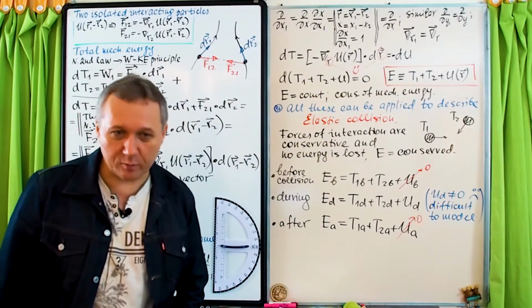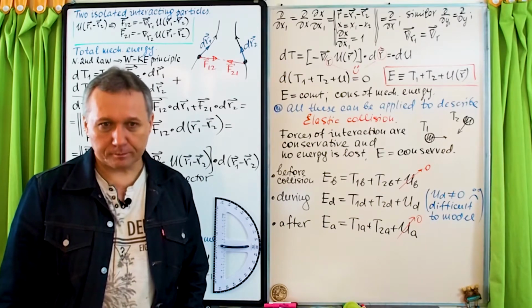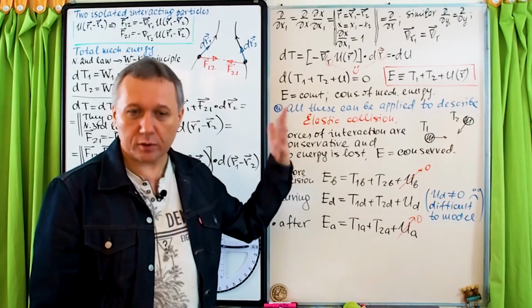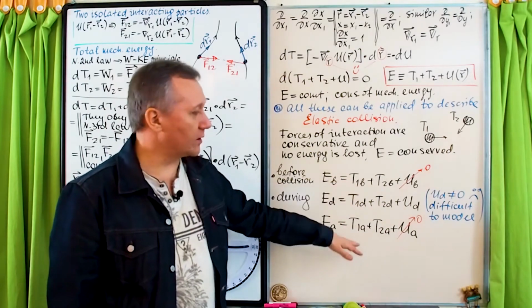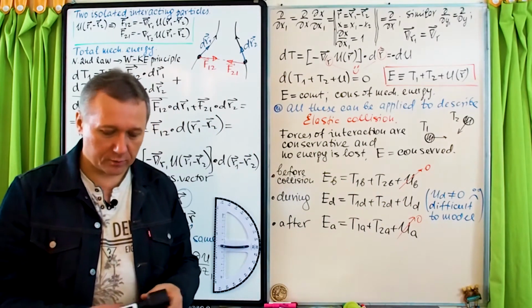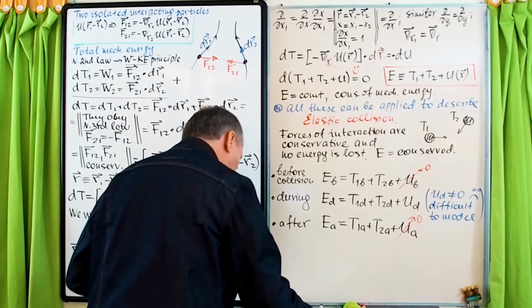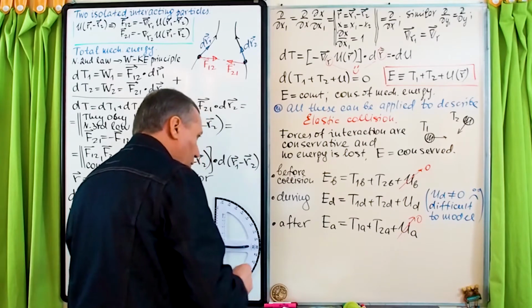So every time we describe a collision, we compare total mechanical energies before the collision and after the collision, where potential energy is 0. So it's better to avoid the during option.